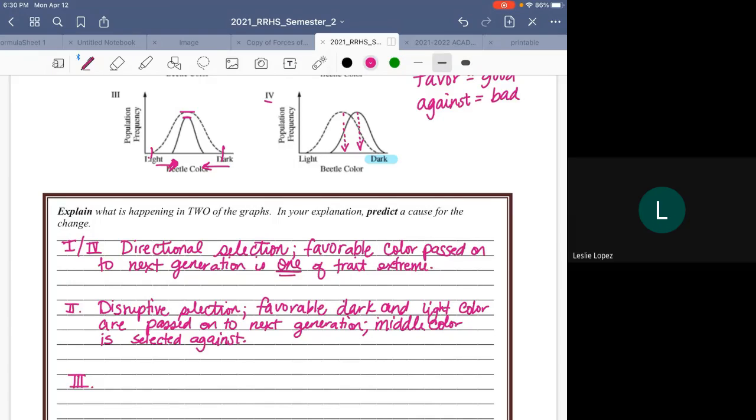So what's happening in this case is that the middle phenotype, the intermediate between light and dark, has the advantage. That's the one that is successful and reproduces in the next generation. This is what's called stabilizing selection. And again, your favorable intermediate or medium color is the one that's successful.